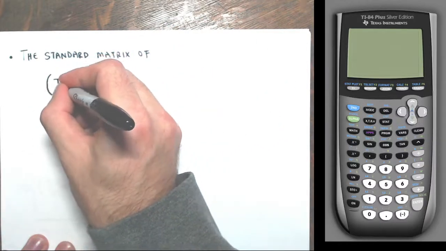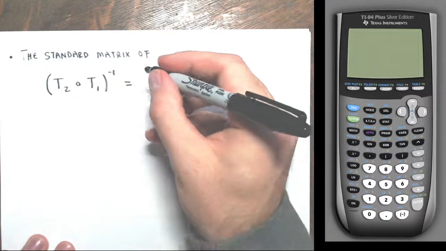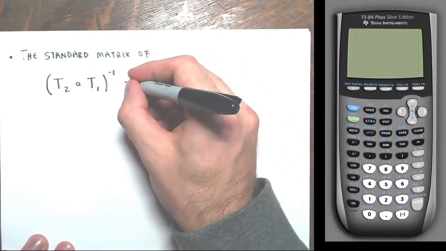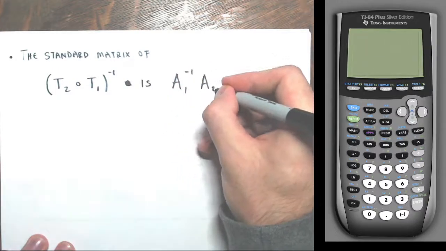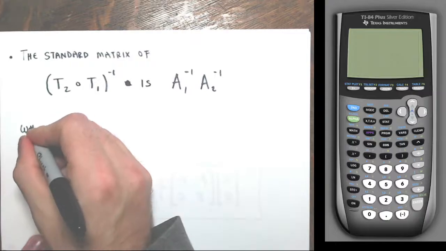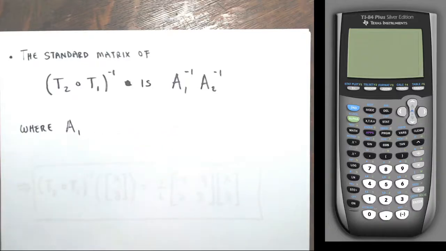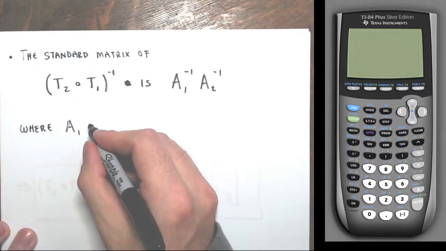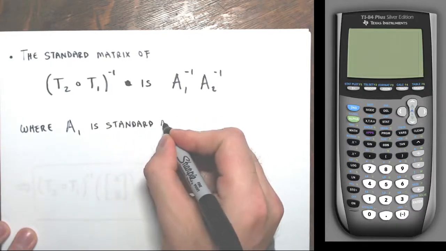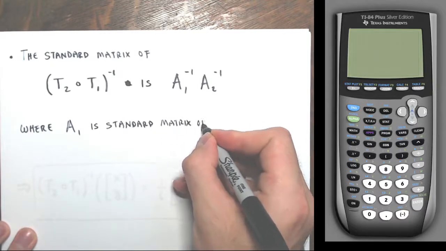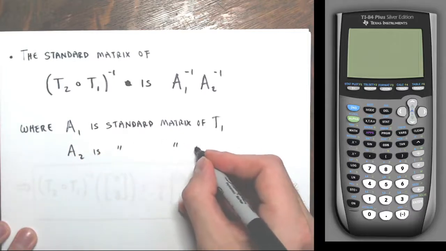T2 composed with T1 inverse is A1 inverse times A2 inverse, where A1 is the standard matrix of T1, and A2 is the standard matrix of T2.